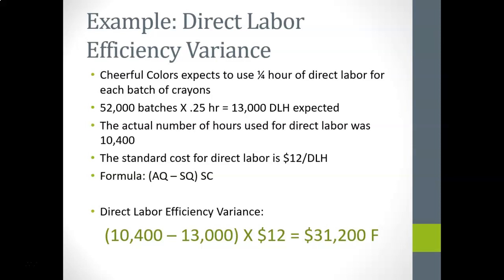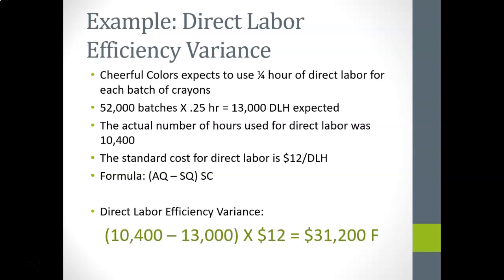So now we have everything we need to plug in to our formula. Our actual quantity of hours is 10,400. We subtract out the standard quantity of hours that we thought we would use, which is 13,000. That difference is multiplied by the standard cost per unit, just $12 per hour.